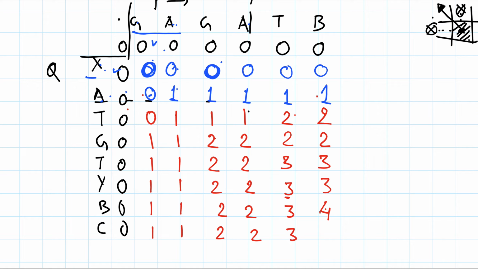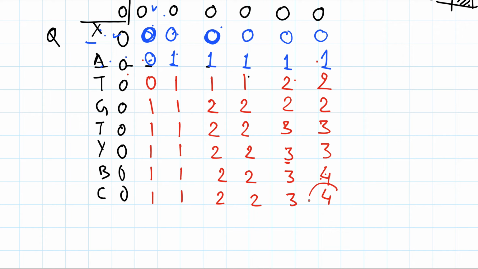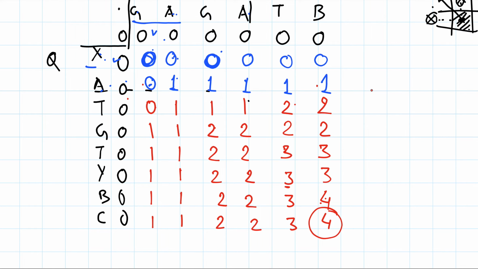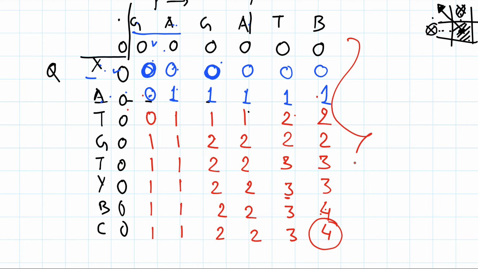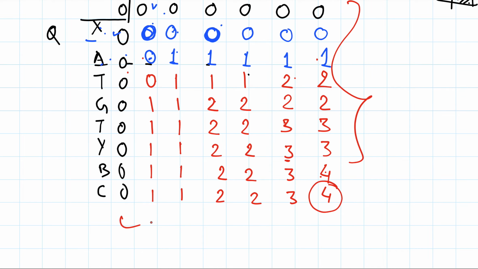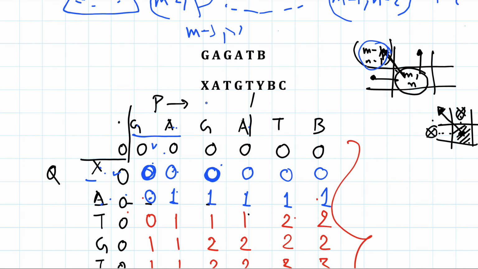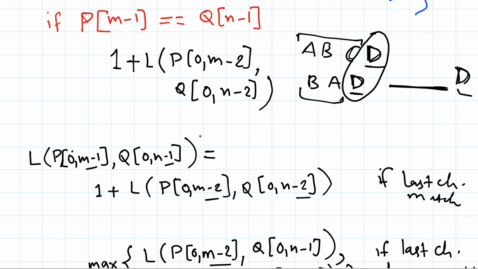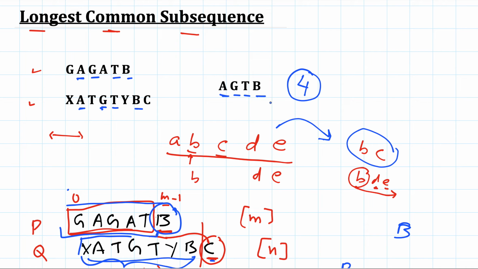C and B are not equal, so max of these two, 4. So this cell denotes taking the complete Q and the complete P. So the maximum length of the subsequence is 4, which is what we had seen earlier.